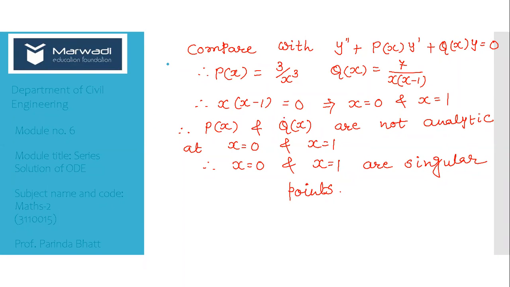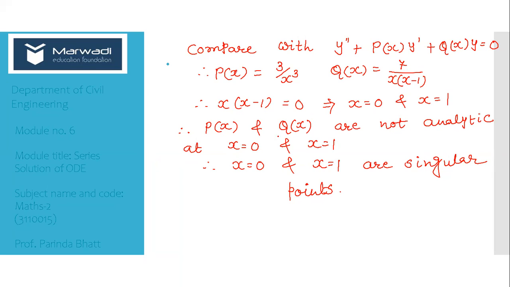If you enter 0 over here, then 3 by 0 is infinity. In this Q of x, 7 by 0 into x minus 1 is infinity. And with x equal to 1, x minus 1 is 0, therefore this is again infinity.